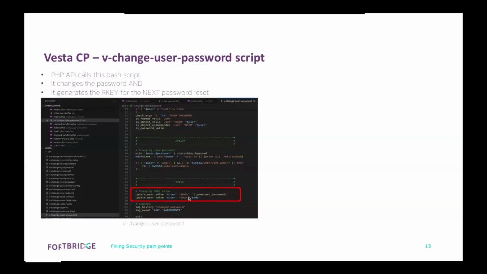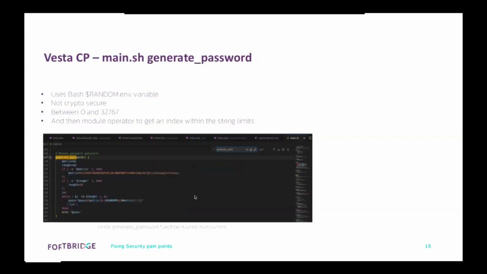First of all, it calculates the next password reset token here using a function called generate password, which we'll look at in a bit. And then it also updates the user with the MD5 of the new password. So R key, which is the password reset token, is generated with this function called generate password.